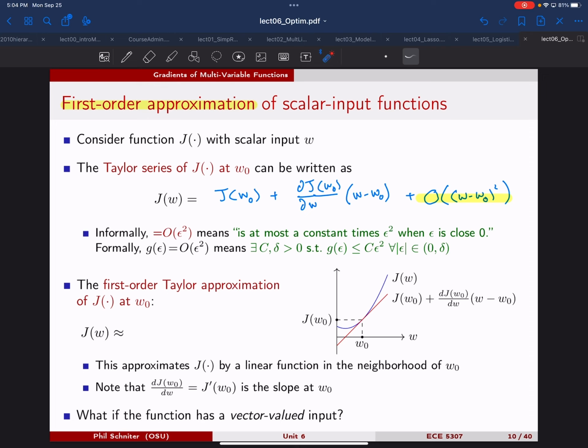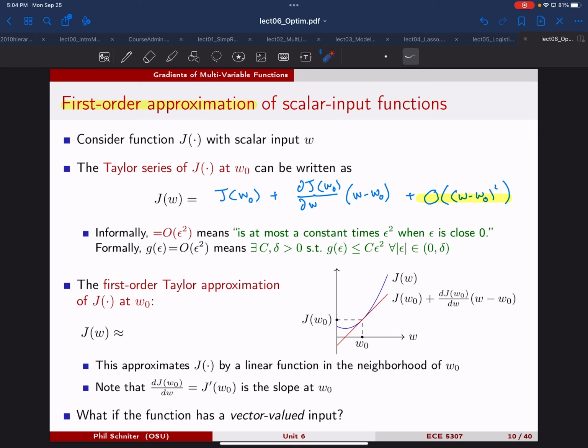So why do we use quadratic here and not cubic? In this case, what's going to be bigger, the quadratic one or the cubic one? Why is the quadratic one bigger than the cubic one? That's right, because this is a small number.